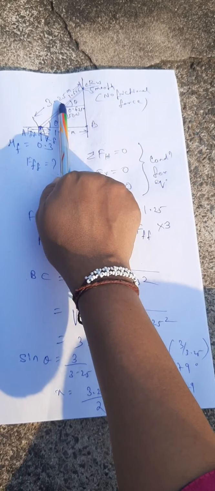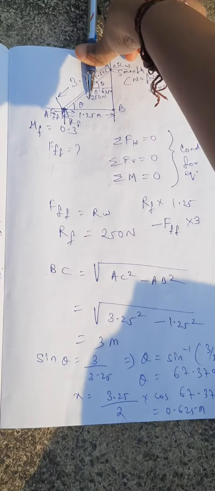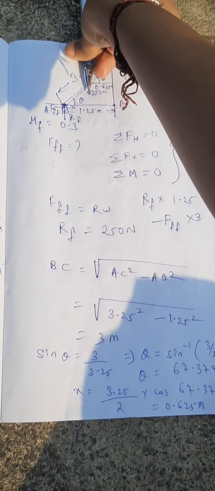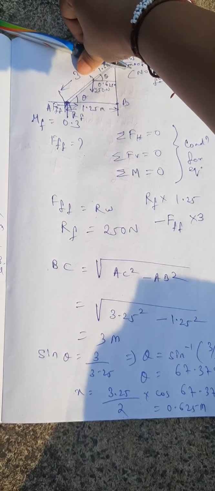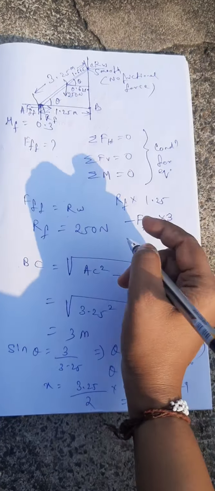And what is the moment produced by this weight? How is this weight producing moment about this? See, it will try to rotate about this, so it is also an anti-clockwise moment.